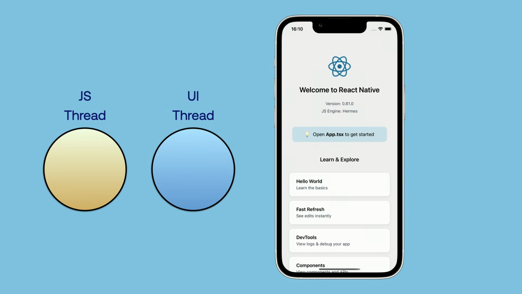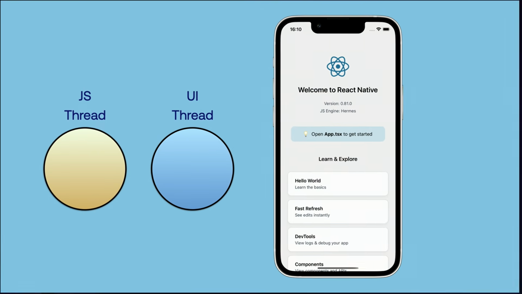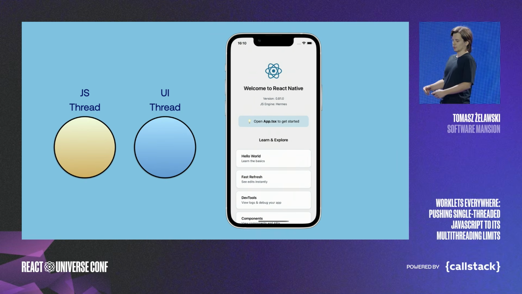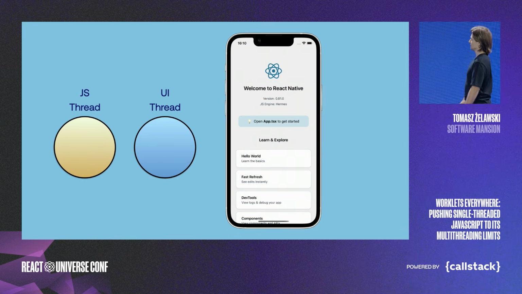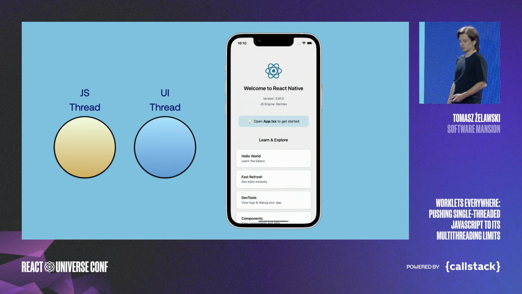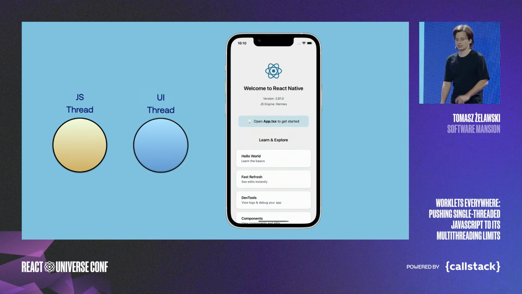And what it does next, it translates this code, the React tree it produces, to the UI thread, which makes a native hierarchy of views from this tree, renders it on the screen, and voila. This is how React Native works in principle. And this generally takes 2 of our cores.